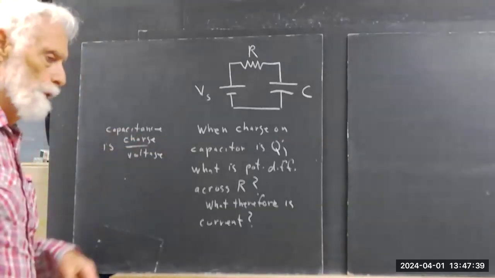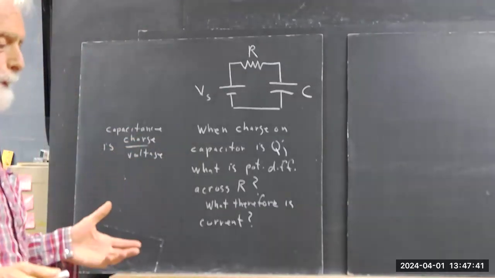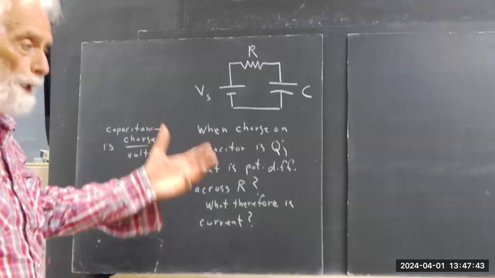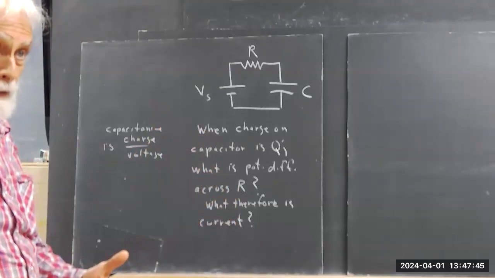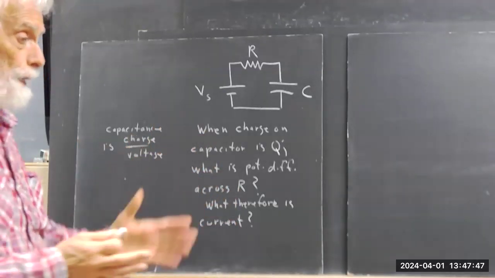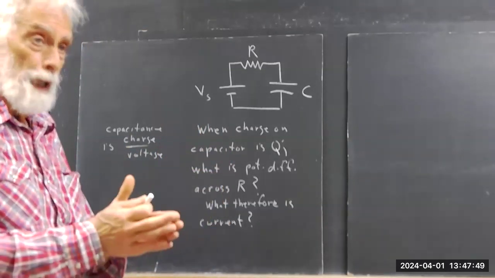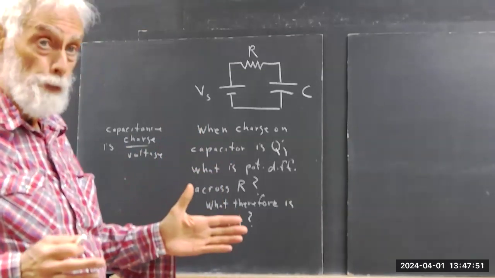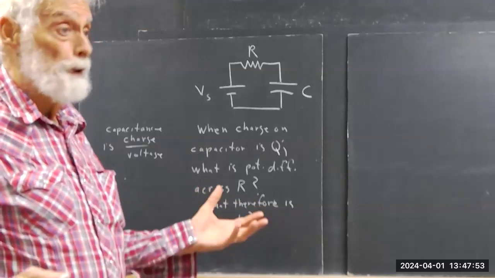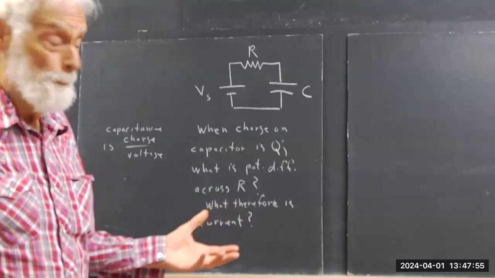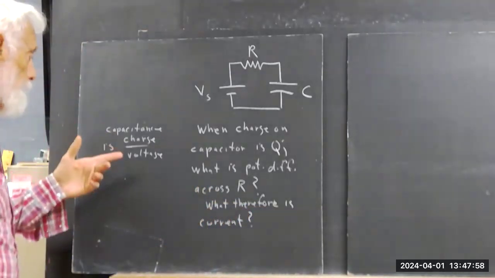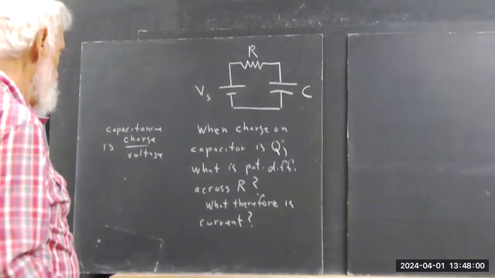Capacitance is charge over voltage, because a big capacitor is designed to hold a lot of charge for little voltage. Think back to what dielectrics do. Think back to what having the plates closer together or further apart does. You really need to have all that together. So capacitance is charge over voltage.